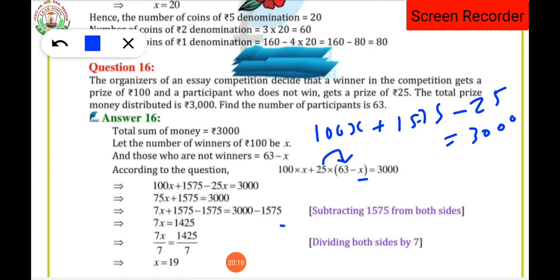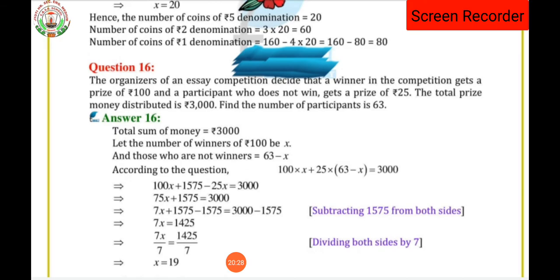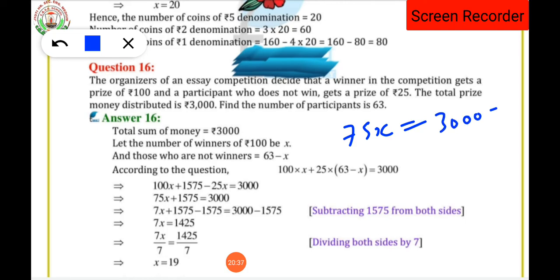Now 100x is there and 25x is there. 100x minus 25x will become 75x. So 75x is equal to 3000 subtracted with 1575. When subtracted, the result is 1425, so 75x equals 1425.